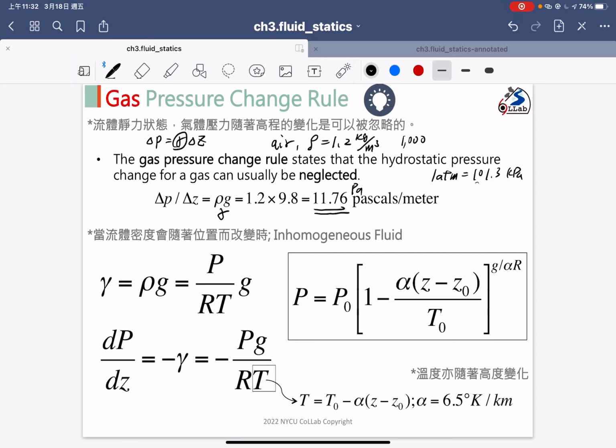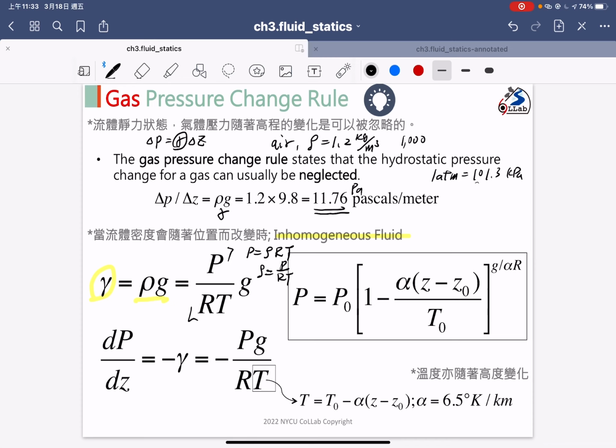But there is one additional difference. For gas, we usually say it is an inhomogeneous fluid, because the density can change. The gamma is equal to rho g, and based on the ideal gas law, P is equal to rho RT, so we can replace rho with P divided by RT.